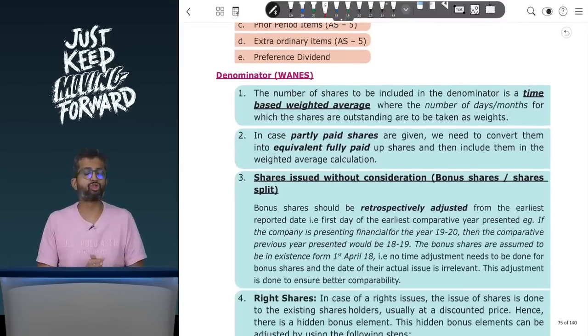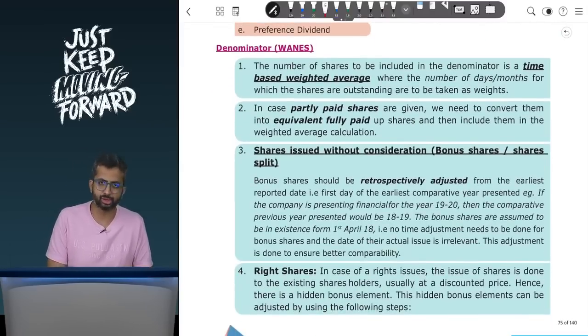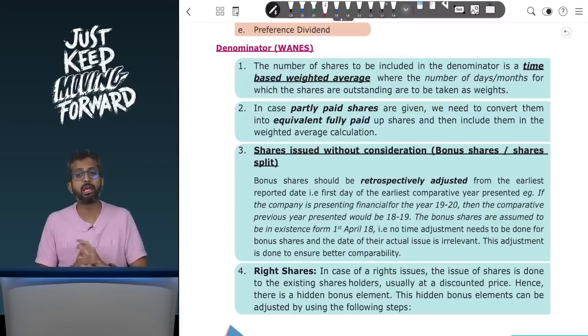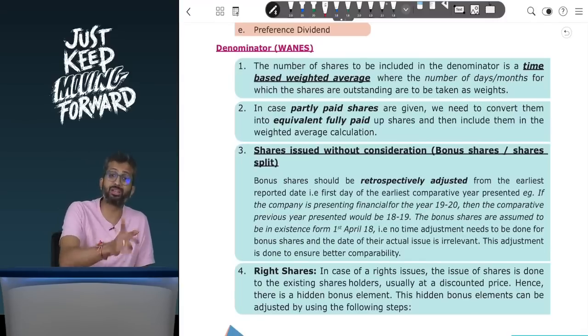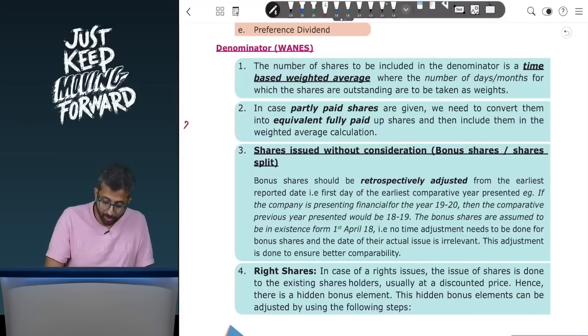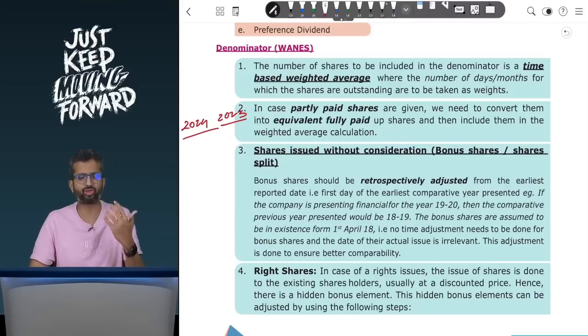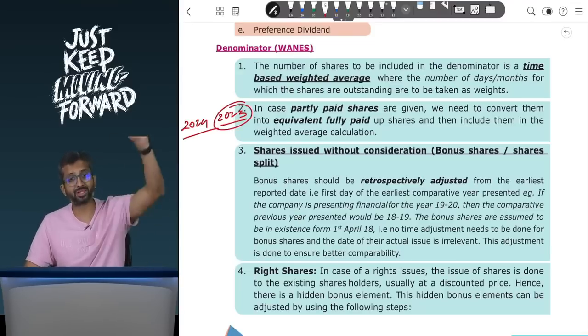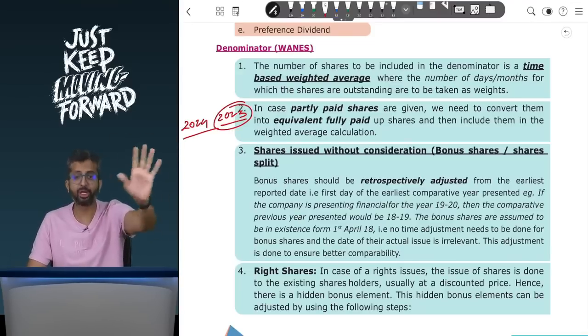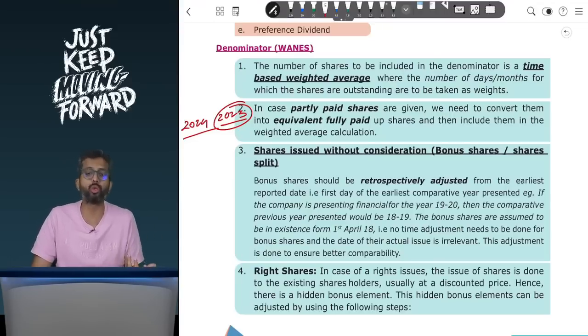Next, there can be shares which are issued without consideration, something like bonus shares or share split, in which case the standard requires you to make a retrospective adjustment from the earliest reported period. So if you have 2024 and then 2023, then irrespective of the date when these bonus shares were issued or shares were split, you will assume that they were issued on 1st of January 2023, from the earliest reported date, because bonus shares do not give you any consideration.